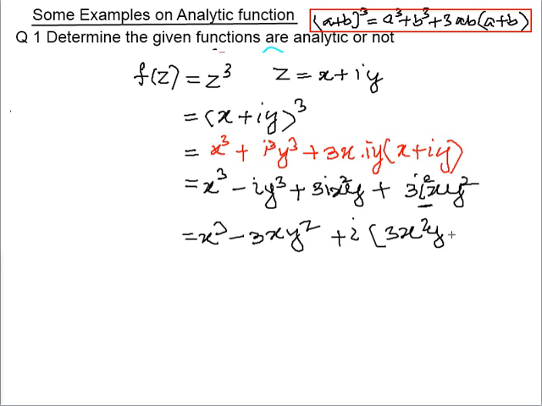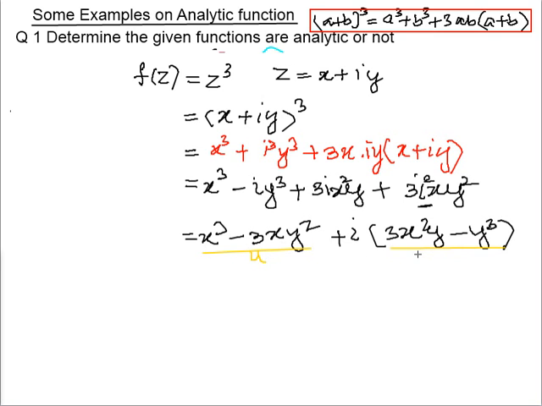Clear? So here we separate our u and v. You can see that these terms give our u and the other terms give our v function. So this is our u and this is our v.